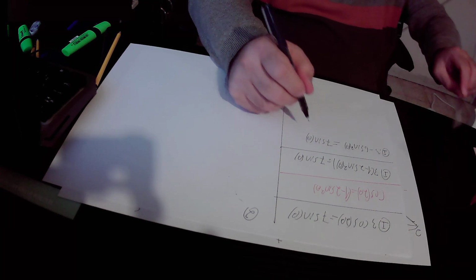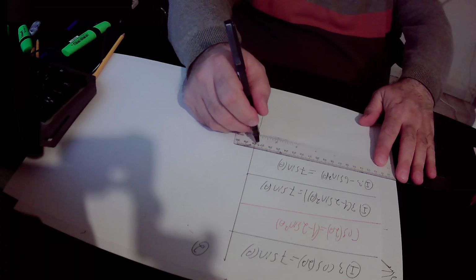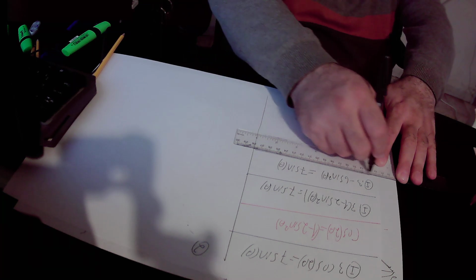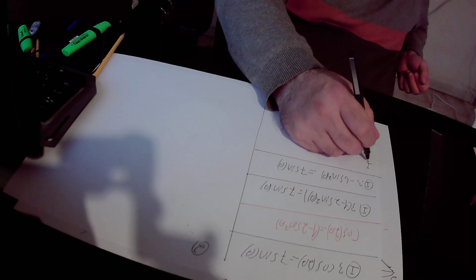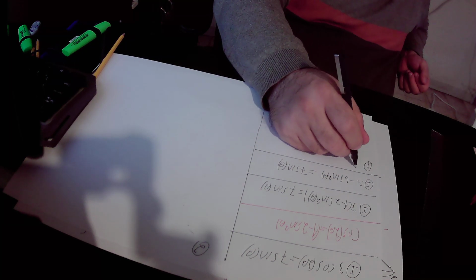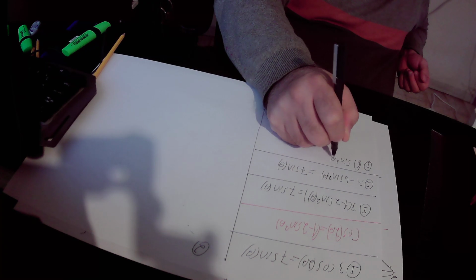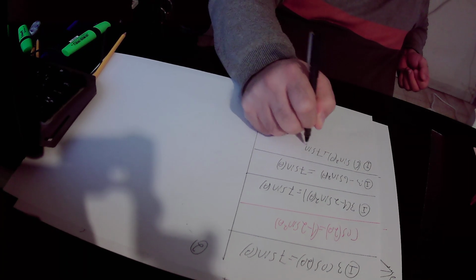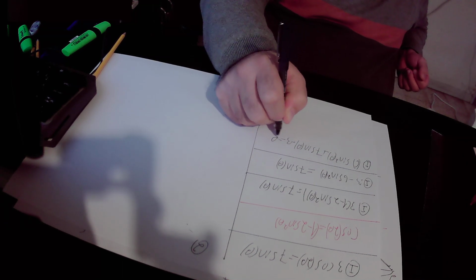Here we will add to this equation number 1, 6 times sine square theta, and we will subtract 3, and we will get that according to equation number 1, 6 times sine square theta plus 7 times sine theta minus 3 is equal to 0.